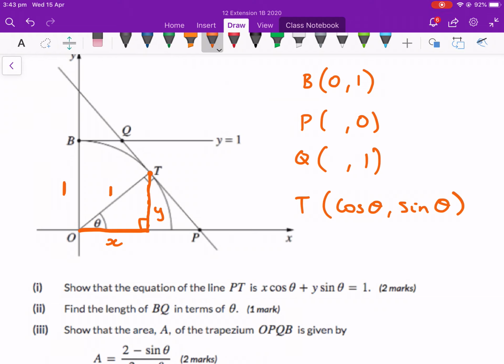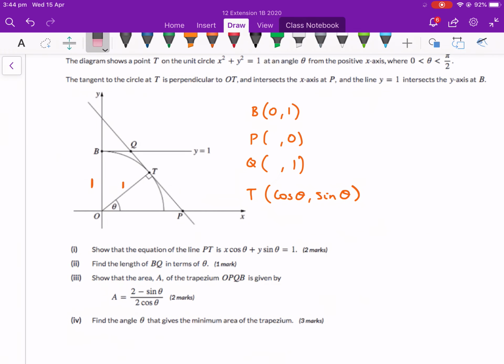Just as a reminder, using the trig functions, cos theta is adjacent over hypotenuse. So cos theta is equal to adjacent, which in this case will be x, over the hypotenuse, which is 1. So x over 1 is just x, and we end up with x equals cos theta. We do the same thing for y, and we get y equals sine theta, hence how we can write our coordinates of T as cos theta, sine theta. Now, I think that's most of the information we can get down from this.